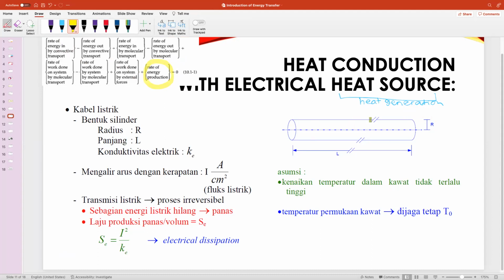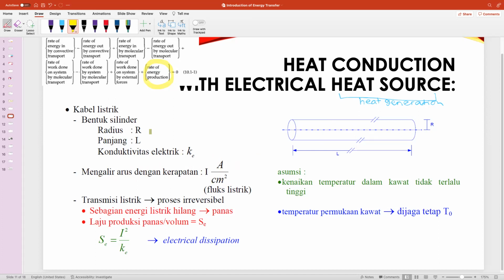This one is actually an electrical cable, or very long wires. So we have long electrical wires, quite long, cylindrical, and with some electrical conductivity inside. It has some current, mengalir sebuah arus, with a current density I, which is amperes divided by square centimeters, or electrical flux.